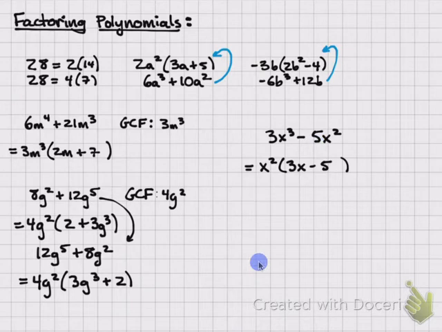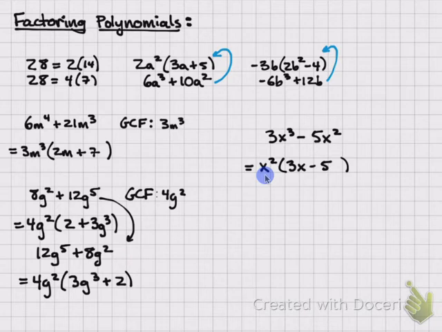To find the greatest common factor for those variables, just look at which term has the variable raised to the smallest power. And that will be your variable part of the greatest common factor. So m to the third was the smallest power, smaller than m to the fourth, so m to the third was in our greatest common factor. G squared was the smallest of all the powers of our g's, so g squared was part of our greatest common factor. X squared was the smallest exponent on our x's, so x squared was our entire greatest common factor in this case.